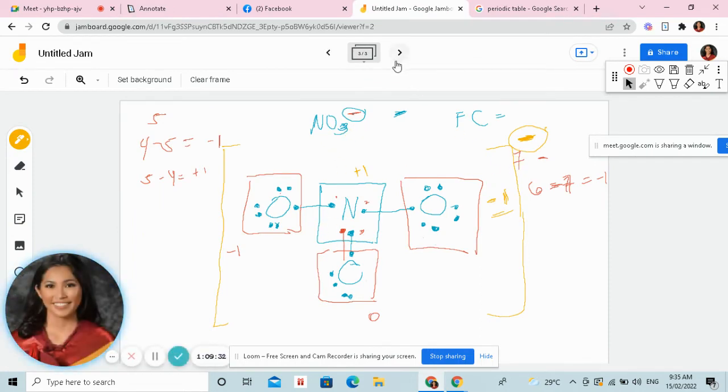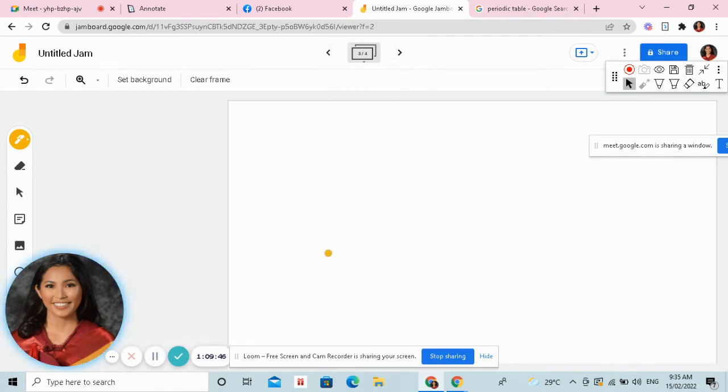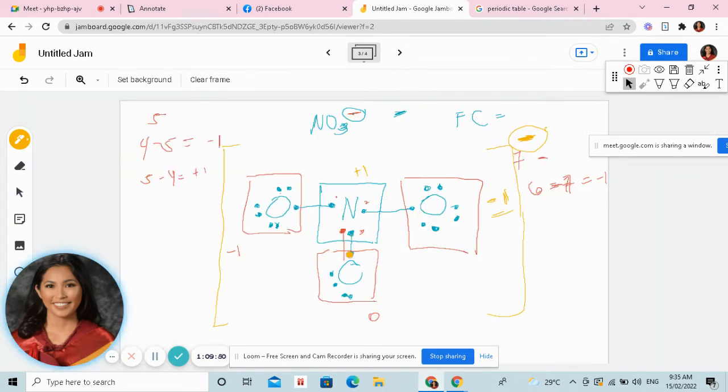NO3 minus, or we have the double bond here. Can you see this one? For resonance structure, we know that the electrons in resonance are delocalized. Delocalized meaning it's spread.